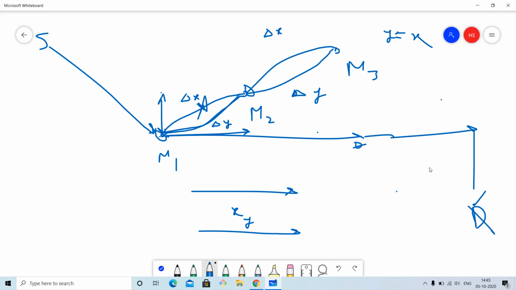So through this we will go, but that means we are wasting this additional distance from M1 to that location. But when we computed the distances, whatever the distance from S to M1 is, it will be the same for S to MI as well, because M1 and MI are connected by zero cost edges.